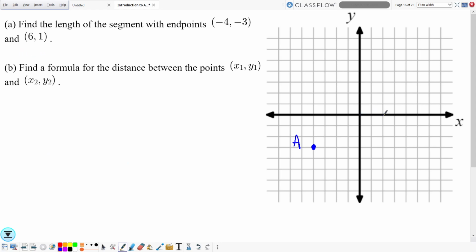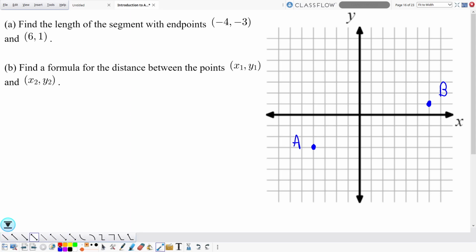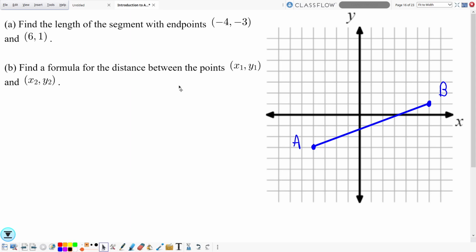So 1, 2, 3, 4, 5, 6, up 1. And we could call that point B. And the distance that I want to find is the distance between those 2 points. So, basically I want to draw a line from one point to the other. So now I got this line segment with endpoints A and B.